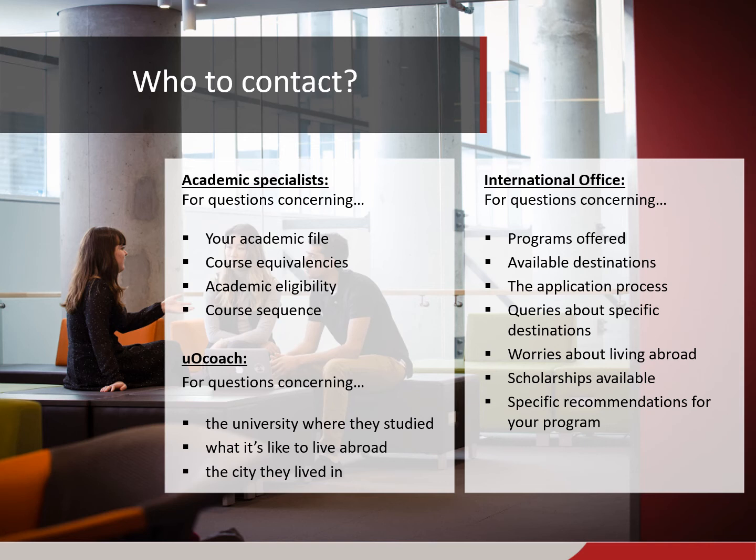The staff at the International Office can help you with questions related to the application process, the different programs offered, available destinations, queries about specific destinations, worries about living abroad, scholarships available, and specific recommendations for your program. There are also UO coaches, students who have been on exchange and can respond to your specific inquiries about the university where they studied, what it's like to live abroad, the city they lived in, etc.